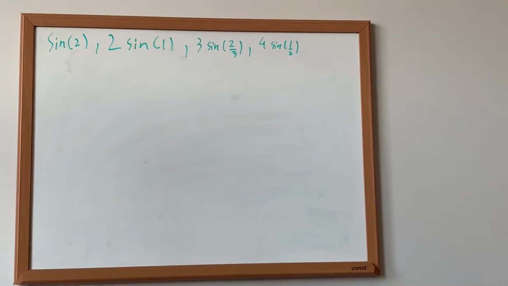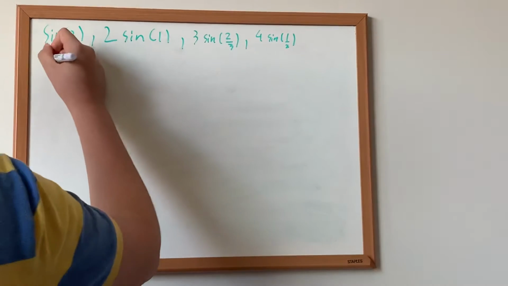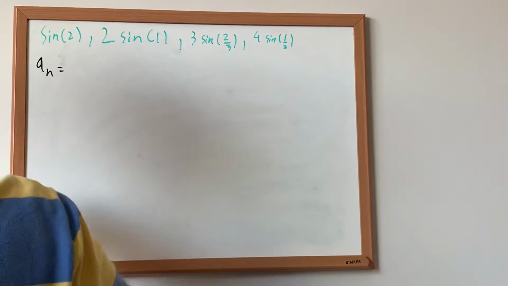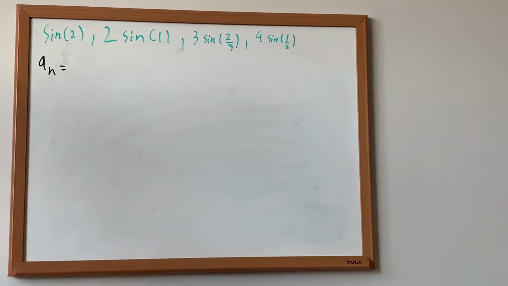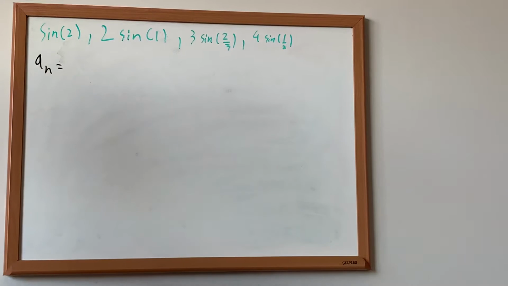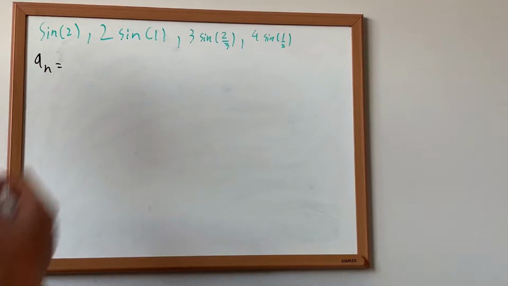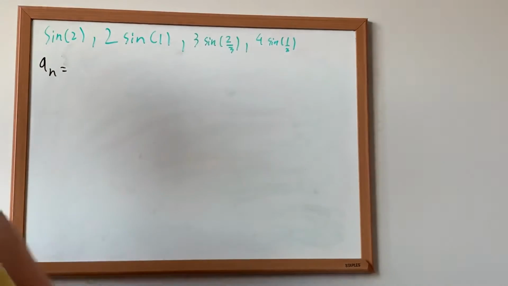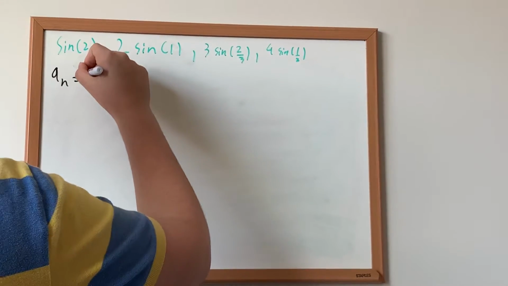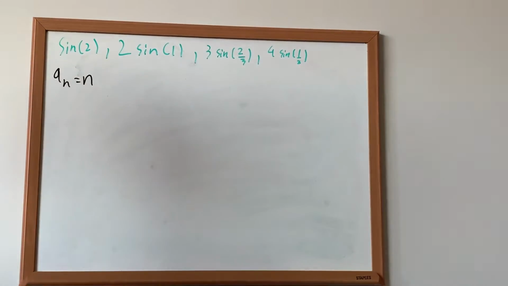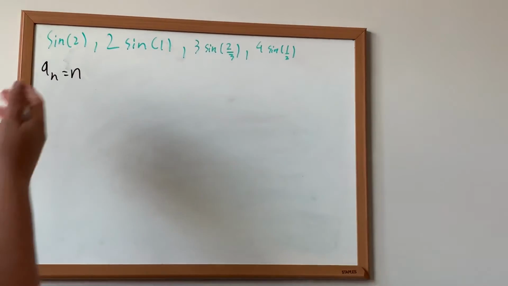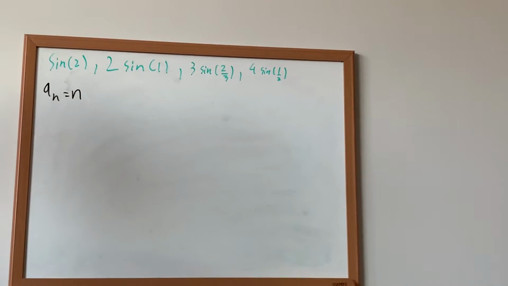So using this, we can form the a sub n, which is a formula for the nth term of the sequence. We can see there's one number multiplying by sine. So we can agree that there's n times some value that will give us these terms. But what is that value?